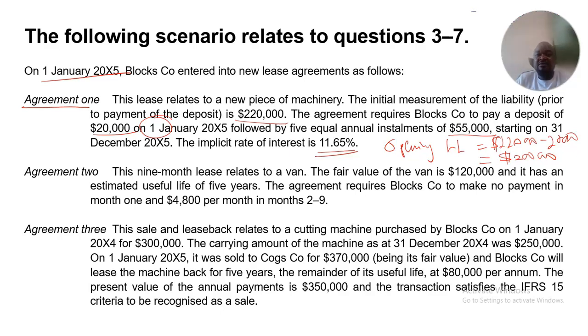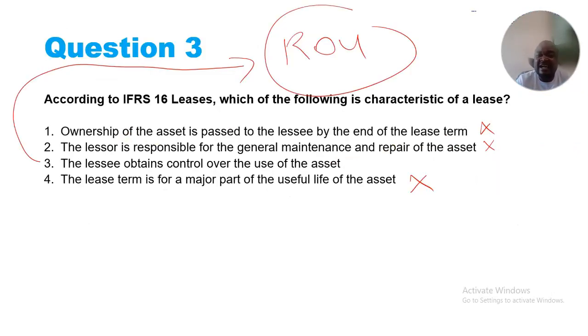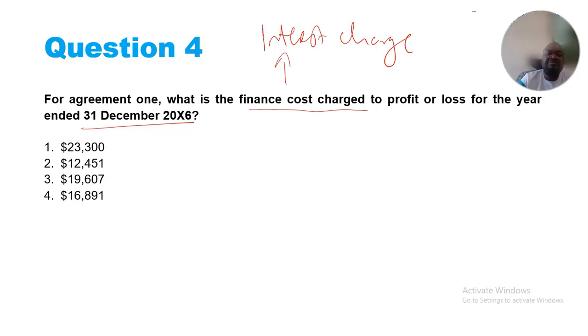And you also have to establish, was this a lease in arrears or in advance, in terms of the annual payments? Given the information here, are we paying in arrears or in advance? Ask yourself that question and give me the answer.